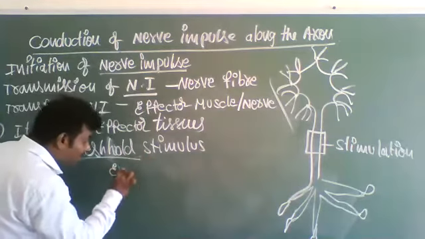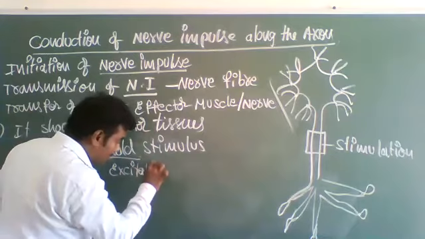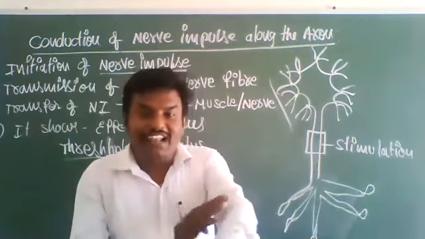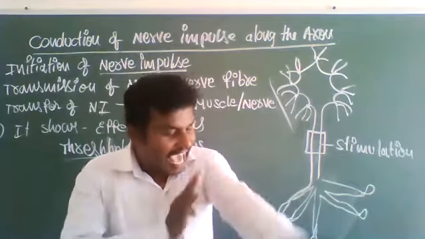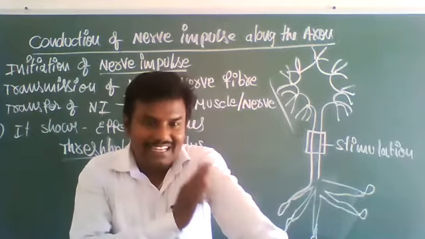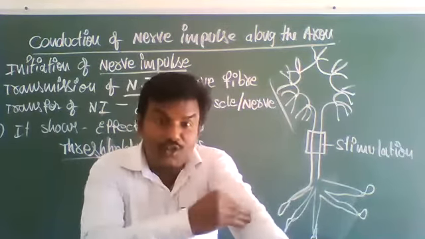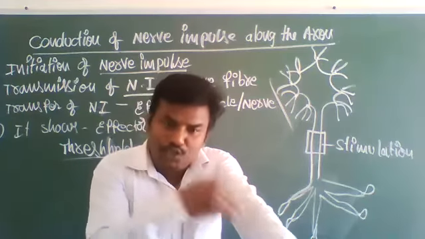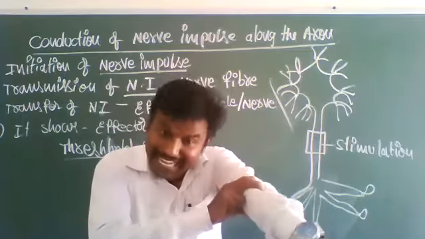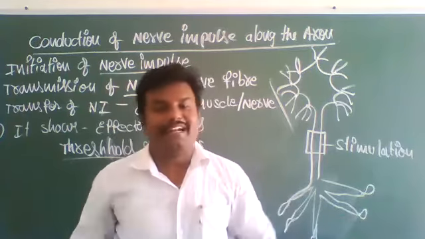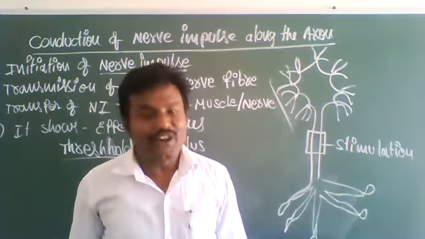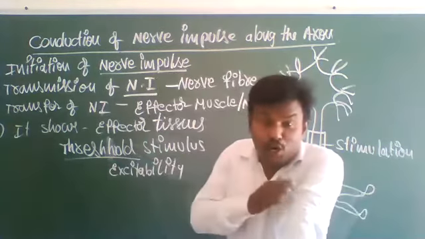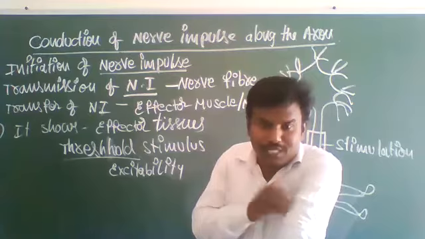Threshold means excitability. So when the excitability occurs to the neuron, when we beat, touch, press or prick, initiation of nerve impulse occurs.